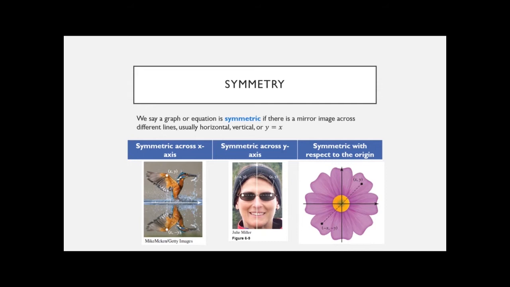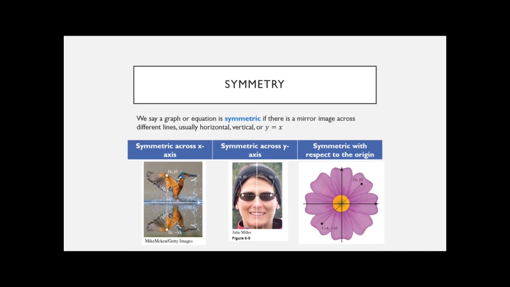Or we also have symmetry with respect to the origin, which actually is a reflection across the line y equals x. So it's kind of at a diagonal. And you can have graphs that have more than one type of symmetry, but these are the three types that we're usually interested in.